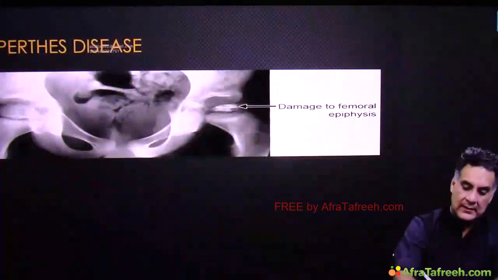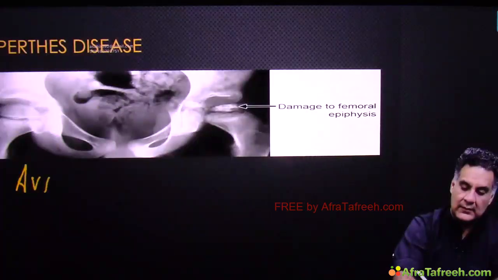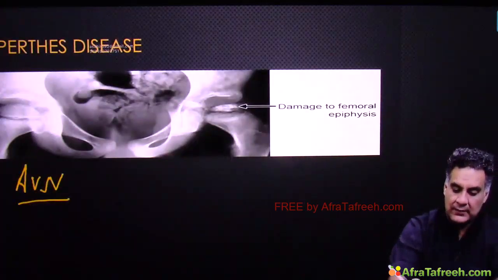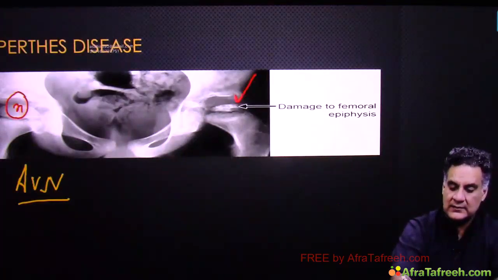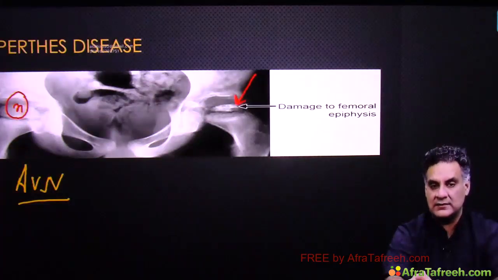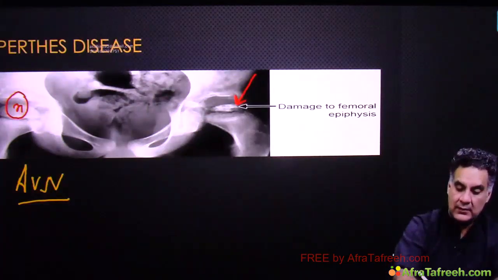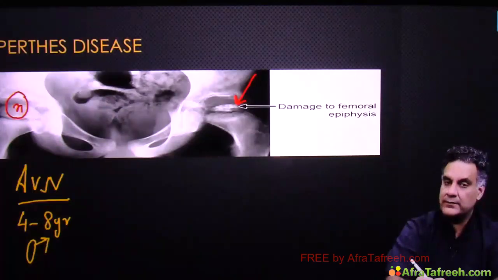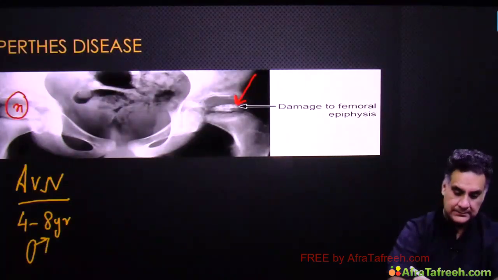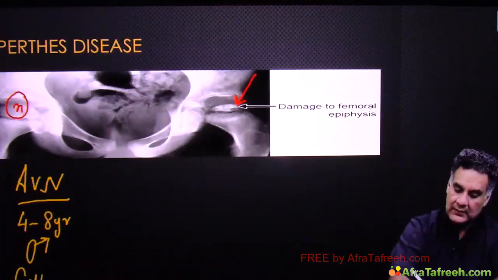Perthes. It is avascular necrosis of the epiphysis of the femur. This is the normal epiphysis. This is the condensed, compressed epiphysis. Age group 4 to 8 years. It is more common in males. Perthes is a self-resolving condition.